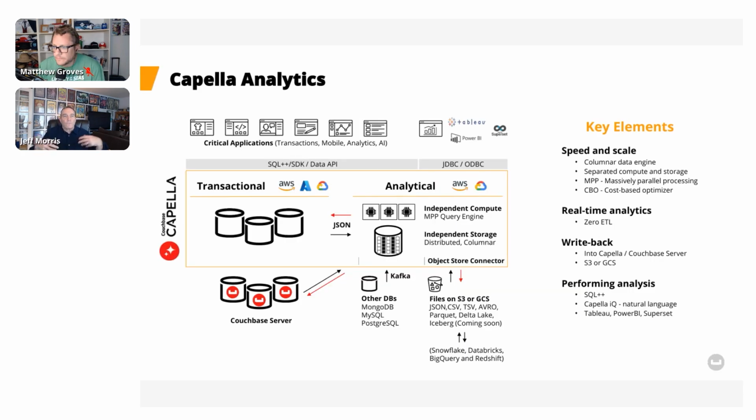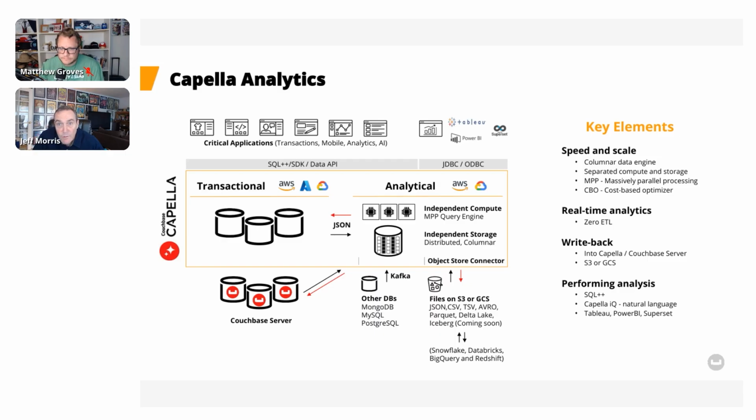So we've been talking mostly about the operational database side of Couchbase, the transactional side that's over here on this diagram on the left. But we also have analytics built in, and this is a fairly new product for us. We released it about a year and a half ago as Capella Columnar. We renamed it to Capella Analytics just because that's a cleaner name.